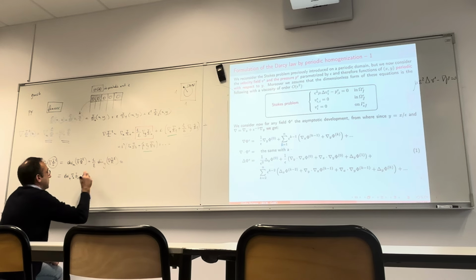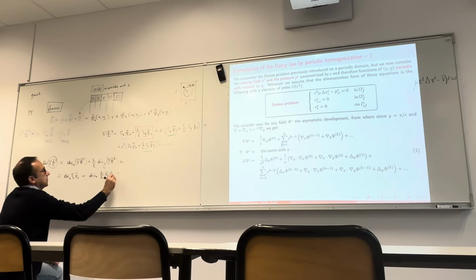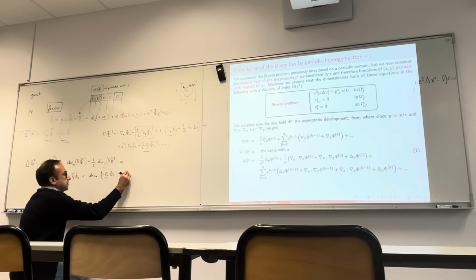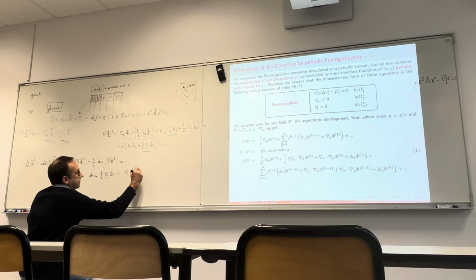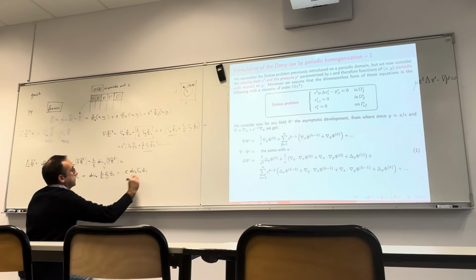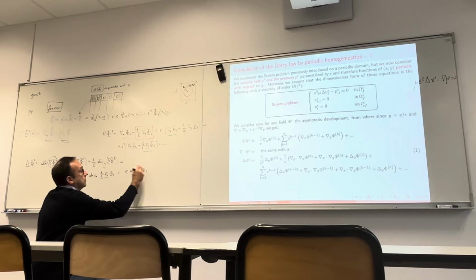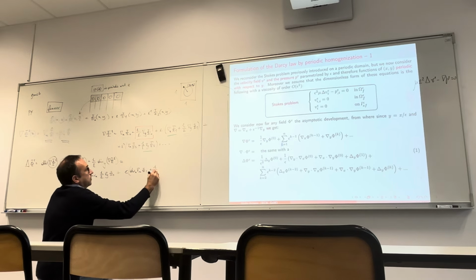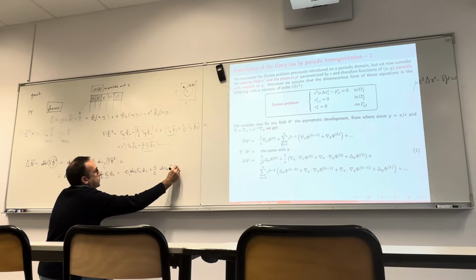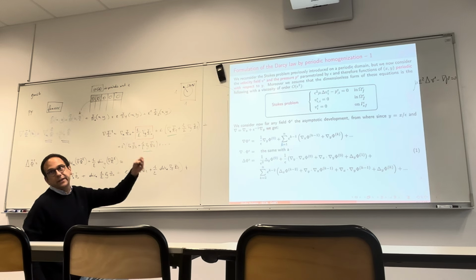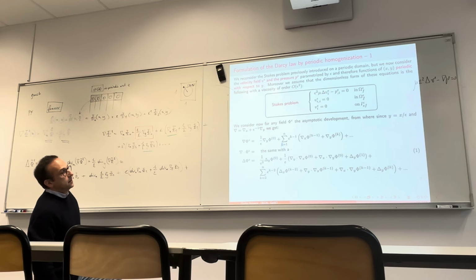Plus divergence x of 1 by epsilon gradient y of phi naught, plus epsilon divergence x of gradient x of phi 1, plus 1 by epsilon divergence x of gradient y of phi 1. I stop here, I don't put the phi 2, otherwise it's boring.